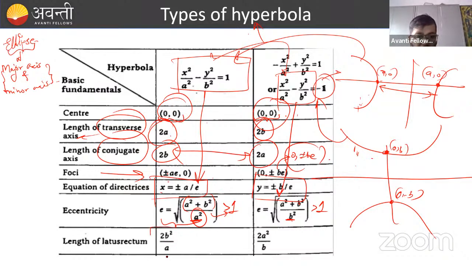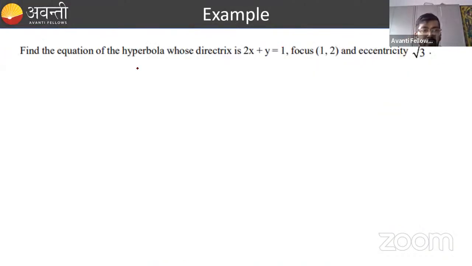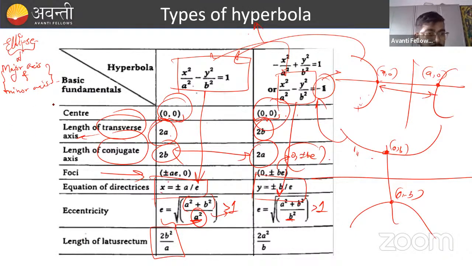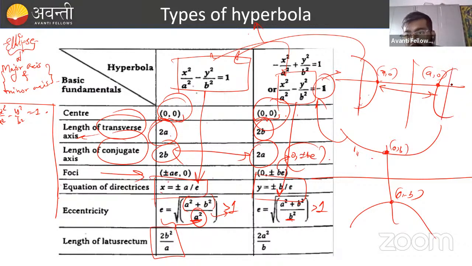Now the length of the latus rectum. You want to calculate the length of the latus rectum. I am doing the rough work here. x square by a square minus y square by b square equals to 1, right? We all know that the latus rectum passes through the point a comma 0 or minus a comma 0.